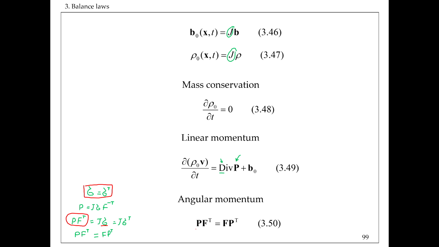Again, remember, P is not necessarily symmetric. In simple cases it may be symmetric, if there is nothing happening off the diagonal, but in general the first Piola-Kirchhoff stress tensor is not symmetric, and that is different from the true stress or the Cauchy stress.